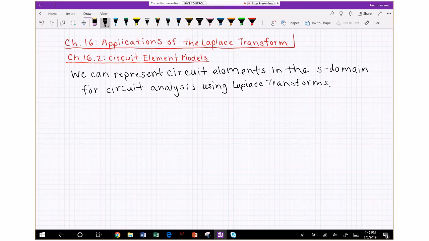And we'll take a look at different elements that we will convert to the S domain. So the very straightforward ones are the actual value of voltage and current, as well as a voltage source and a current source.